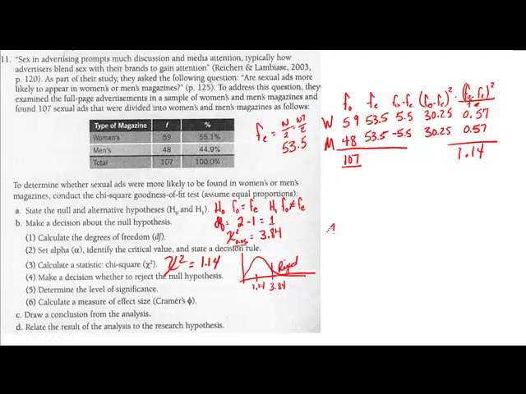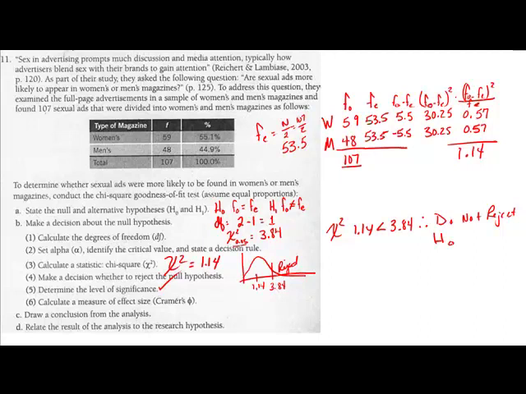So because my chi-squared of 1.14 is less than the critical value of 3.84, therefore we do not reject the null hypothesis. Do not reject. We don't need to calculate the level of significance because it's not significant.